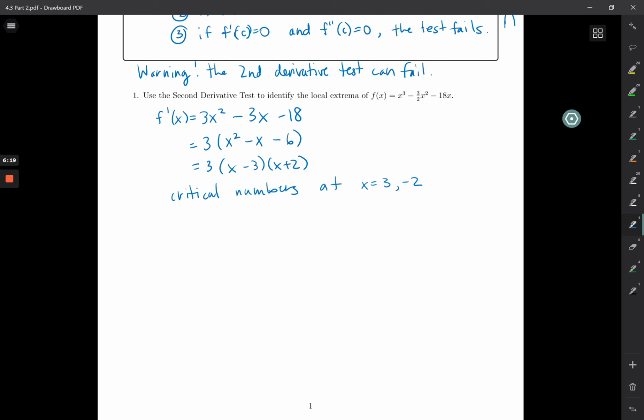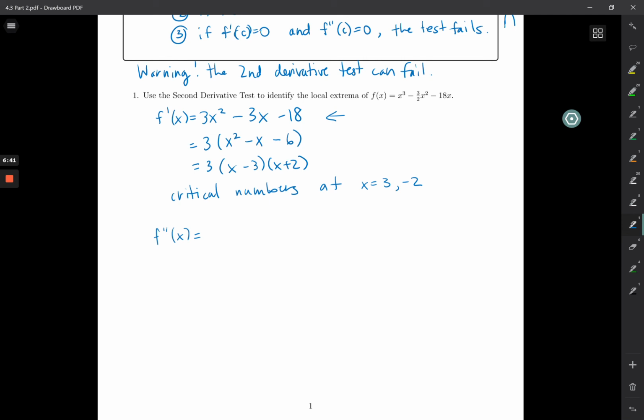Okay, so next we want to find the second derivative. Instead of using the factored form, which would mean I would have to use the product rule, I'm going to use the first formula that we had before we factored it, because that will be a lot easier to take the derivative of.